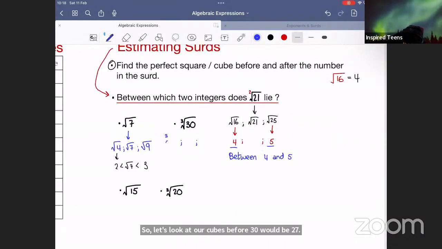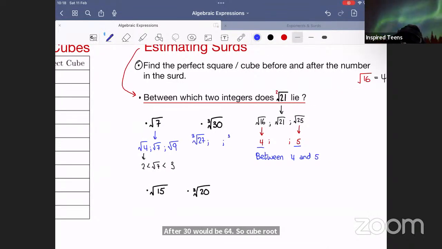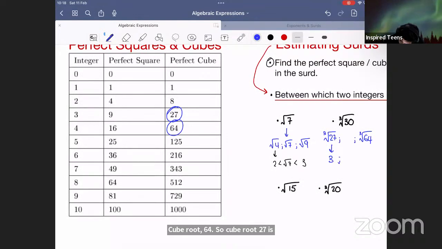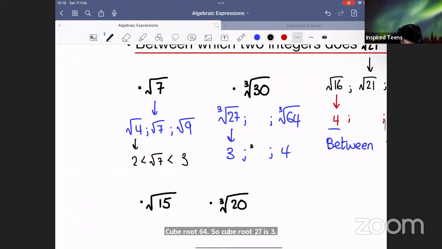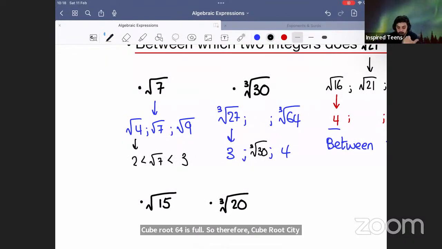So cube root 27 and cube root 64. Cube root 27 is 3. Cube root 64 is 4. So therefore cube root 30 lies between 3 and 4. So cube root 30 is greater than 3 but less than 4.